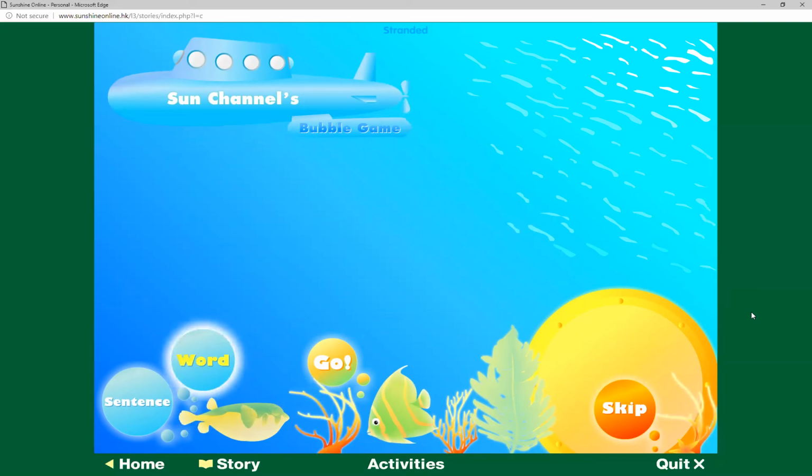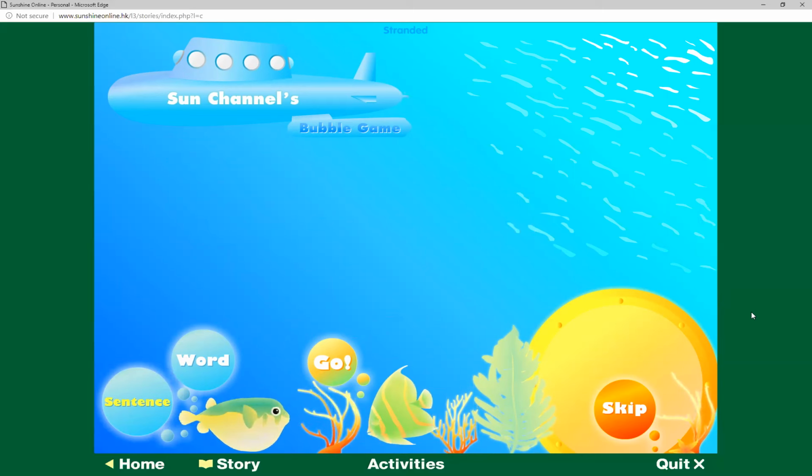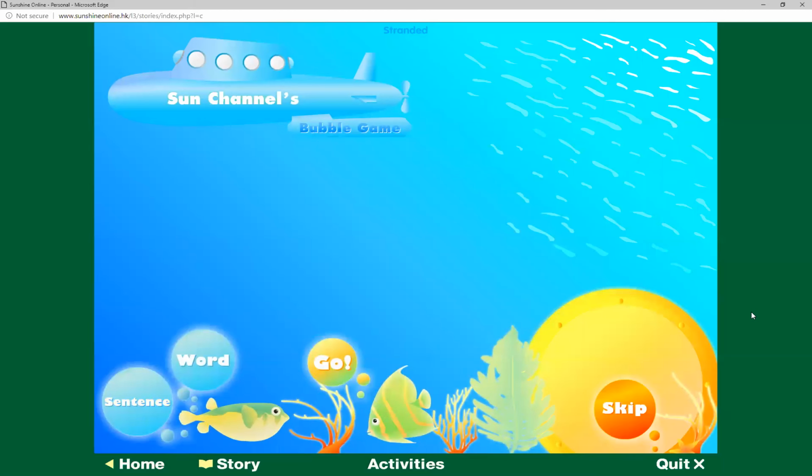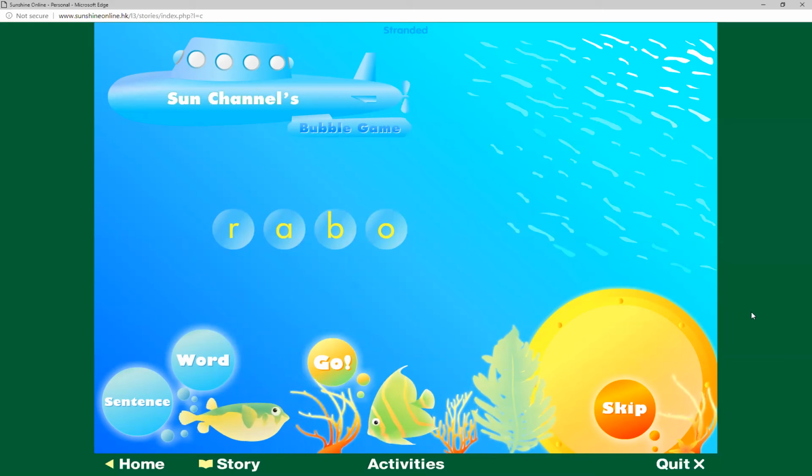Roll over the word bubble to hear the word. Rabbit. Roll over the sentence bubble to hear the word in a sentence. The rabbit hopped across the paddock. Type the word. If you want to make a correction, press the Delete or Backspace button on the keyboard.